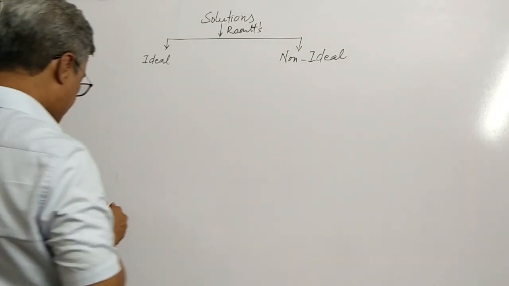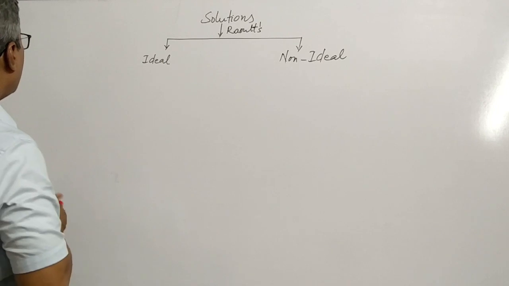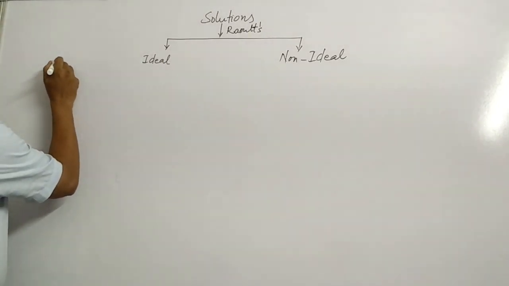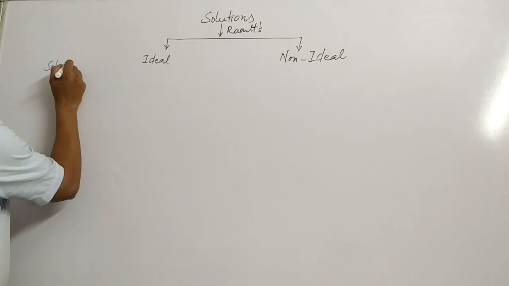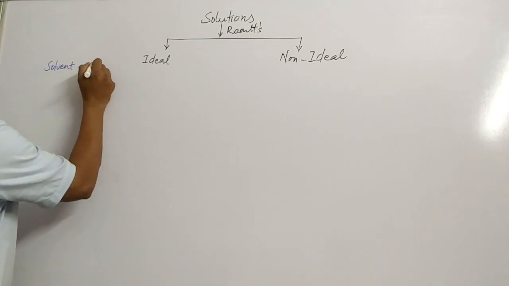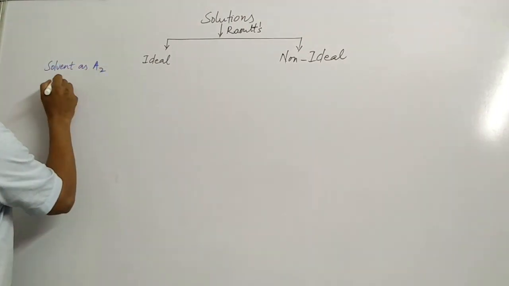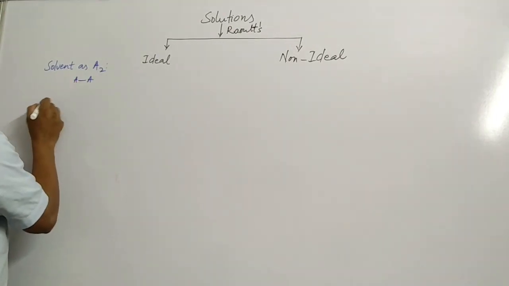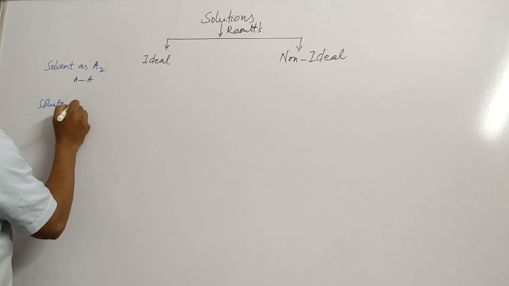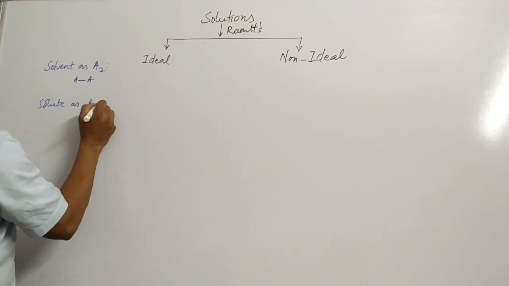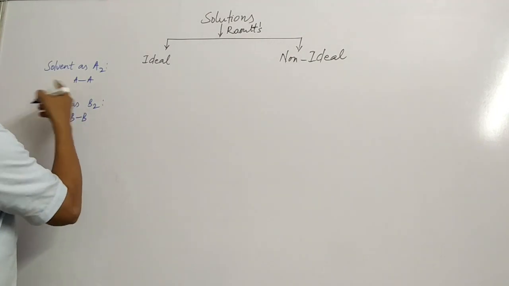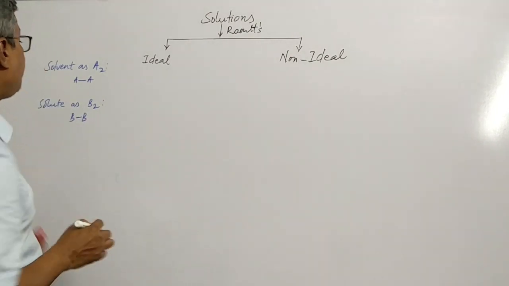To understand this, we take solvent as A2 and represent it as A-A, then solute as B2, which we indicate as B-B. This dash line indicates bonding.